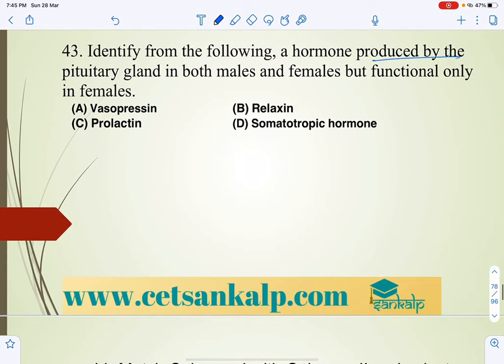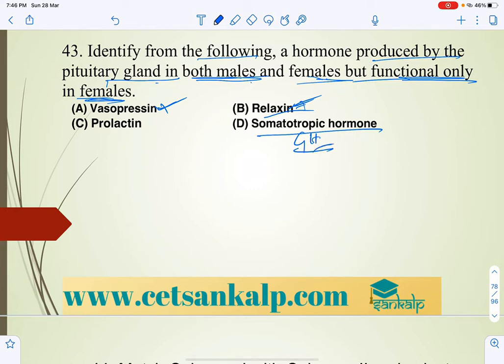Identify the hormone produced by the pituitary gland in both males and females but functional only in females. As we know, vasopressin is a hormone produced or released by the pituitary, and relaxin and somatotrophic hormone, that is growth hormone, we can also consider.